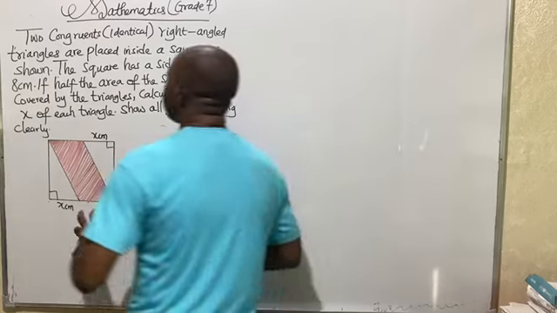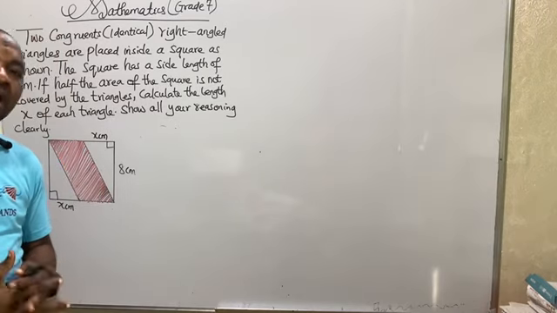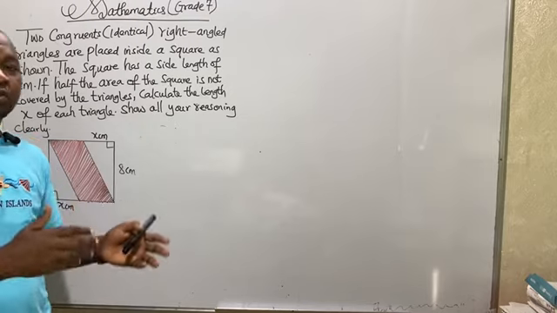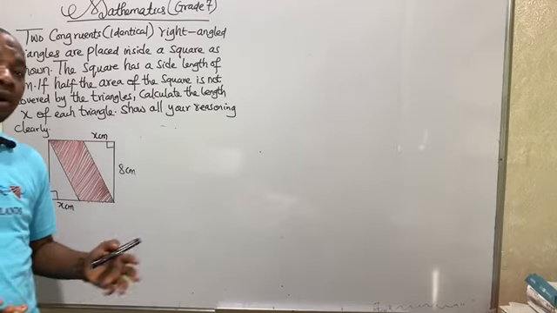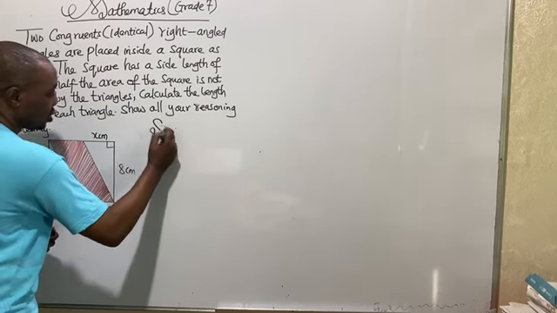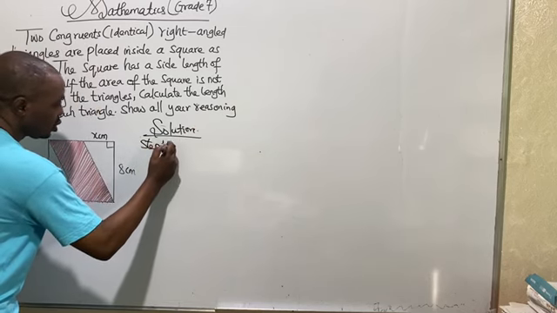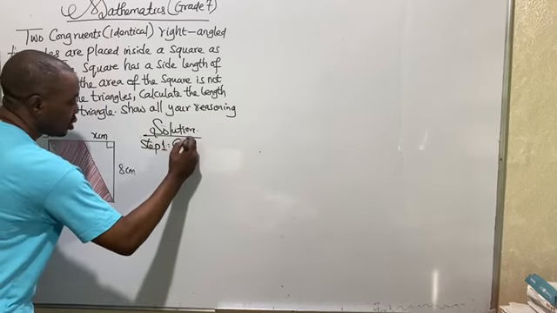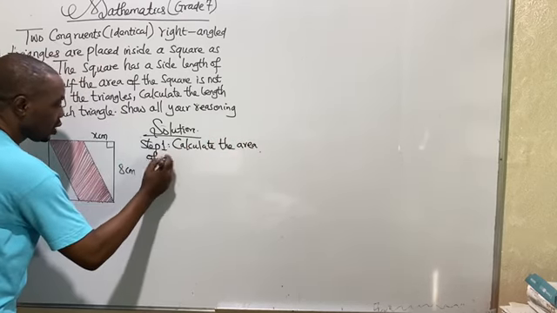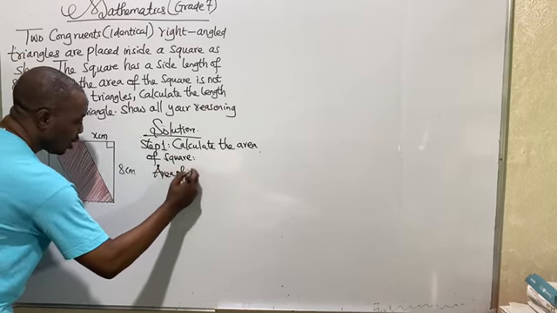All right, so in this case, having known that to calculate the area of a square, we multiply the side length by the side length, the first thing we need to do, which is step 1, will be to calculate the area of the square.